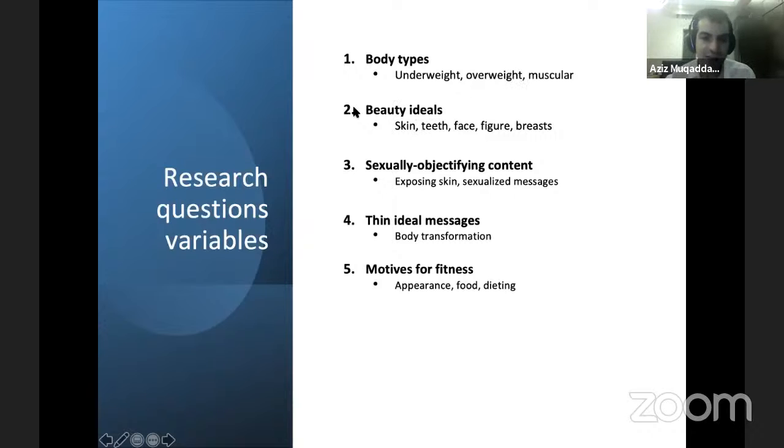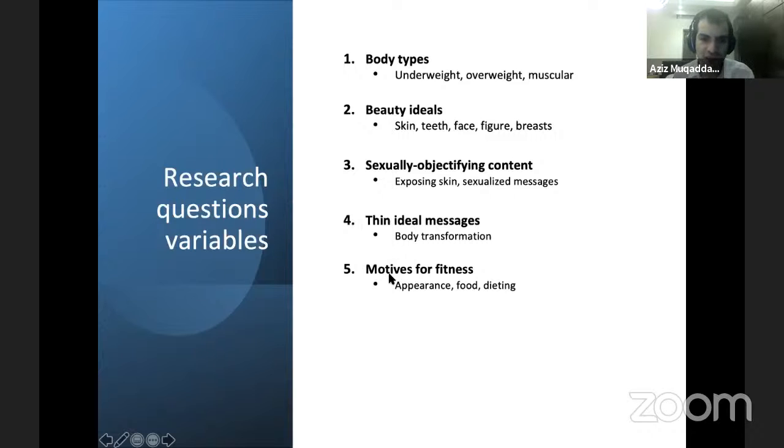Then the beauty ideals, composed of five criteria: the skin, teeth, facial feature, figure, and breast. Sexually objectifying content was defined by exposing skin and sexualized messages. And thin ideal messages were messages that show body transformation.